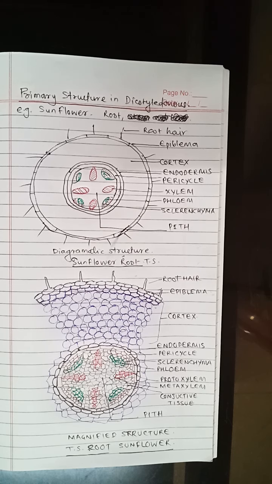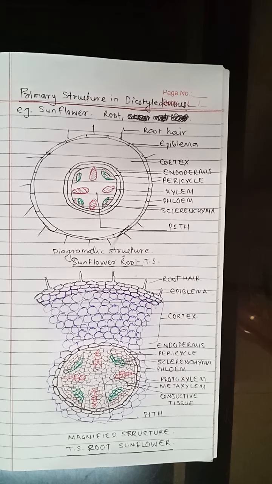Then pericycle. It is the outermost layer of the stele lying just below the endodermis. It consists of thin-walled small cells with abundant cytoplasm. It is single layered.